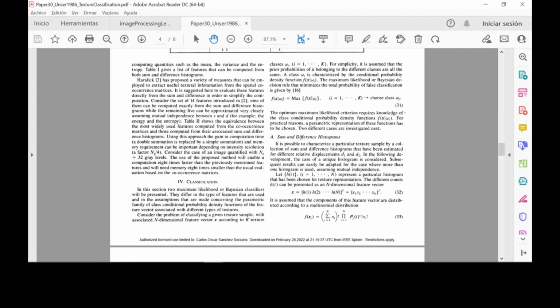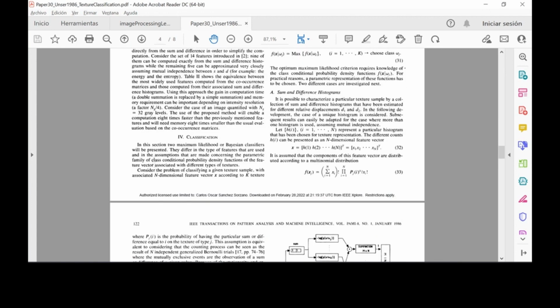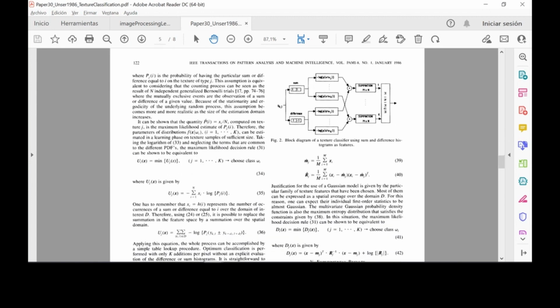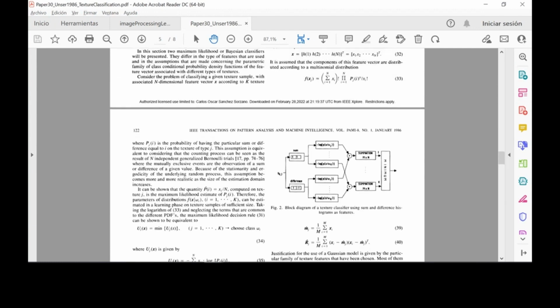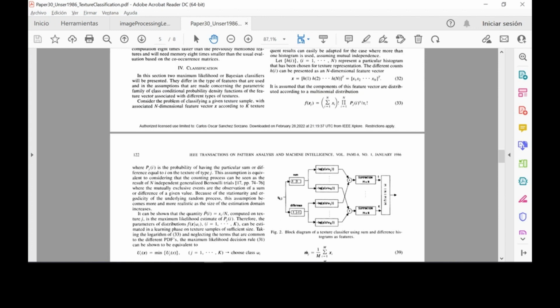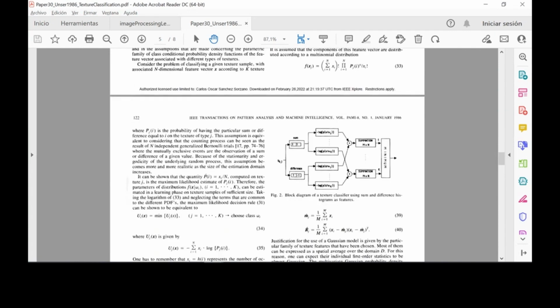From the length section, you would have... So which one would you take? The one that gives maximum likelihood.